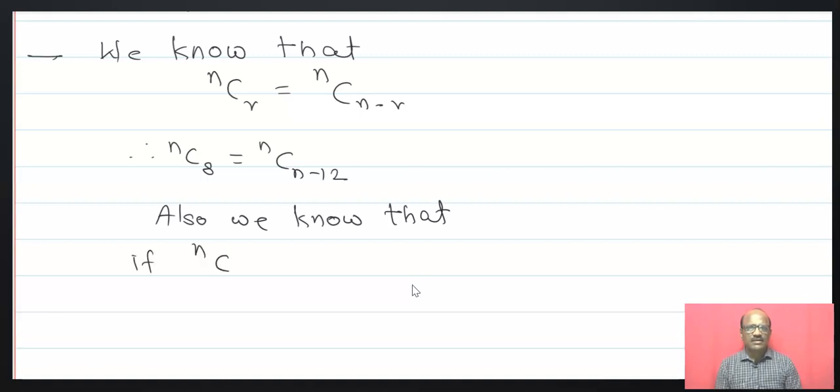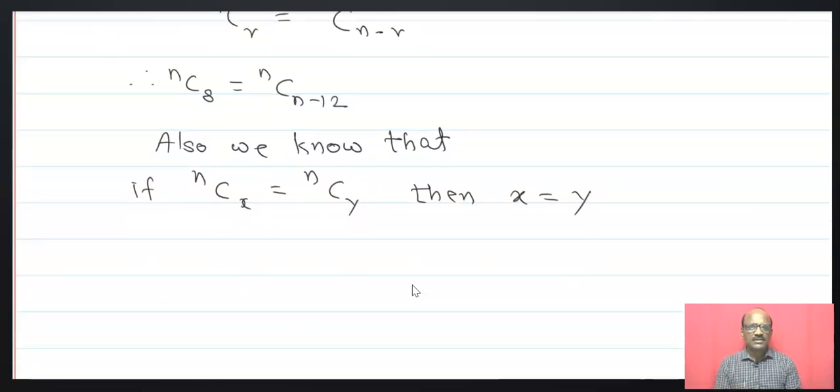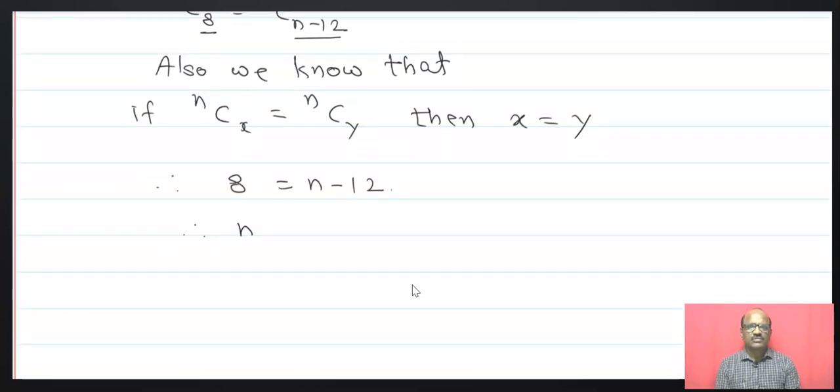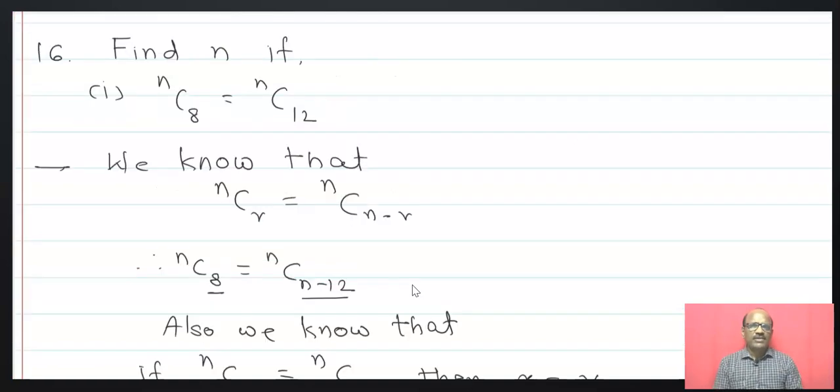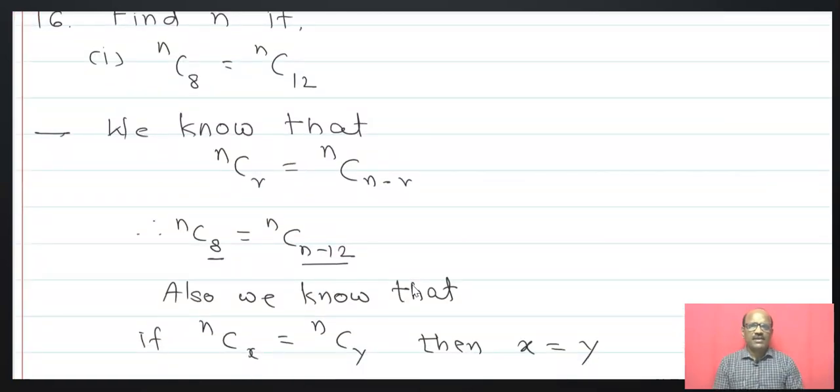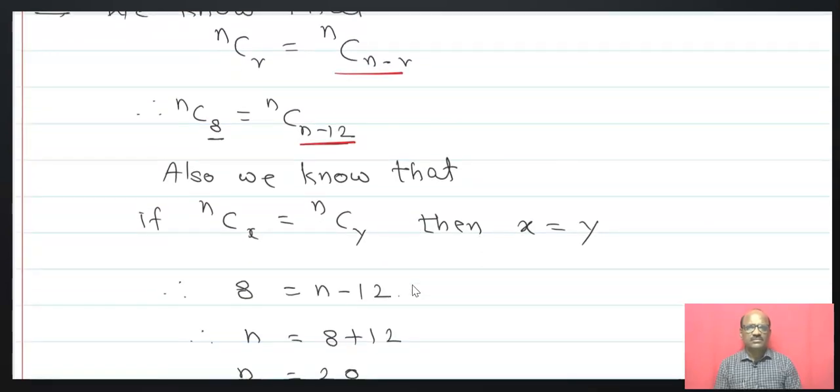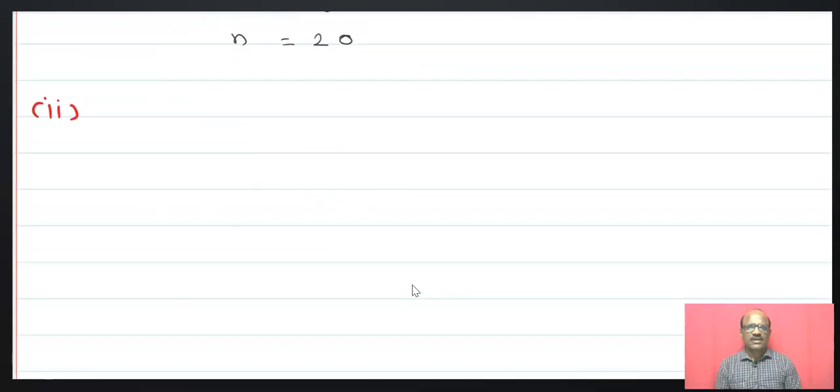Therefore, nCx is equals to nCy, then x is equals to y. Therefore, n minus 8 is equals to 12. Therefore, the value of n is equals to 20.